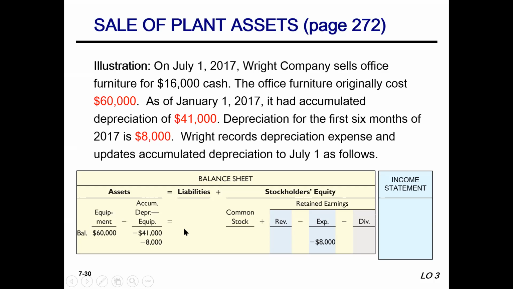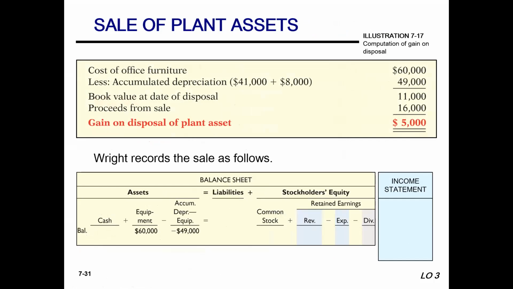And so the depreciation expense is going to reduce the income statement. That's up to the sale of the asset. So no effect on cash flow yet. But we get some cash for it, $16,000.